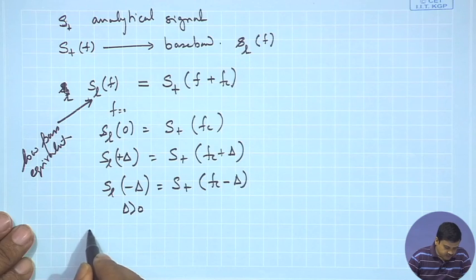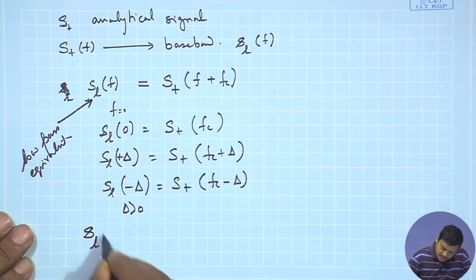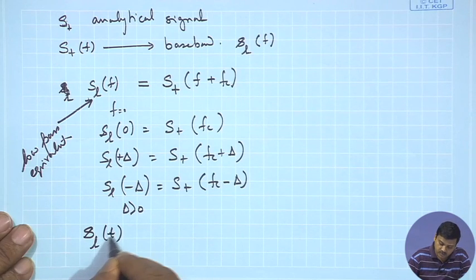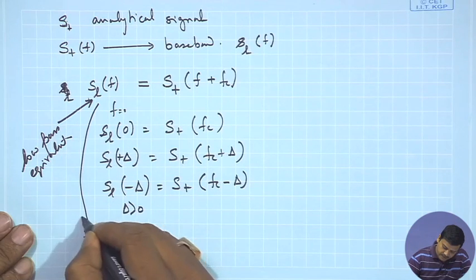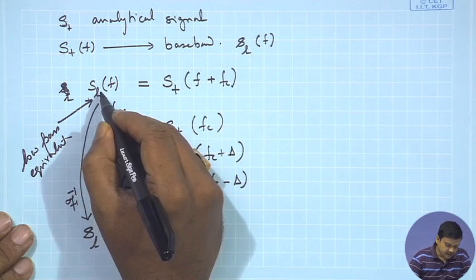That means we could say that S_L of t, because finally we are interested in the low pass equivalent of the time domain signal, we obtain by taking the inverse Fourier transform of S_L of f.